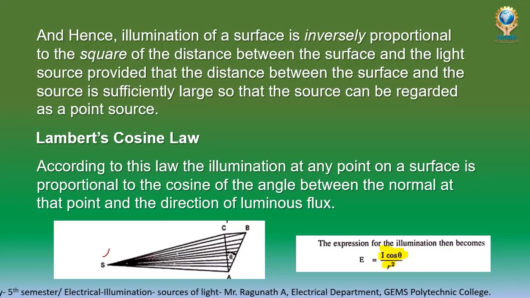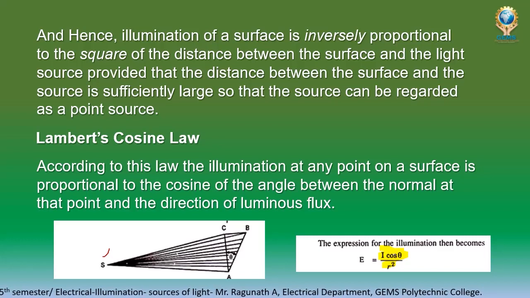We can understand this law. The illumination at any point on a surface is proportional to the cosine of the angle between the normal at that point and the direction of luminous flux. When you write the definitions in the exam, you should not change any terms. You can understand, but you should not change the terms, because laws are very important.